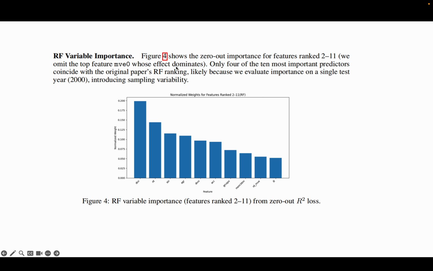This figure shows the zero-out importance for features ranked 2 to 11, because the first feature, mvel1, dominates. Only 4 of the 10 important predictors coincide with the original paper's ranking, mostly because we only test on a single year. This may have some coincidence.